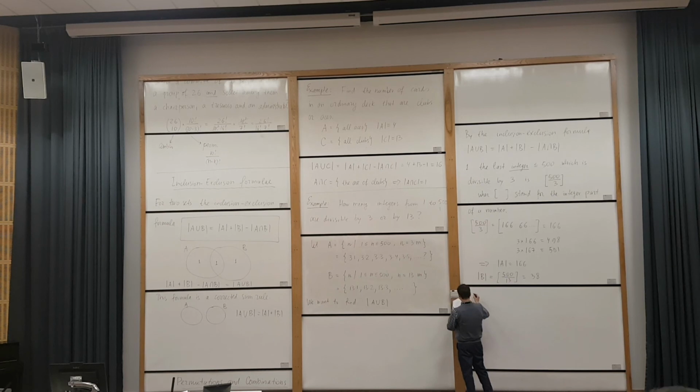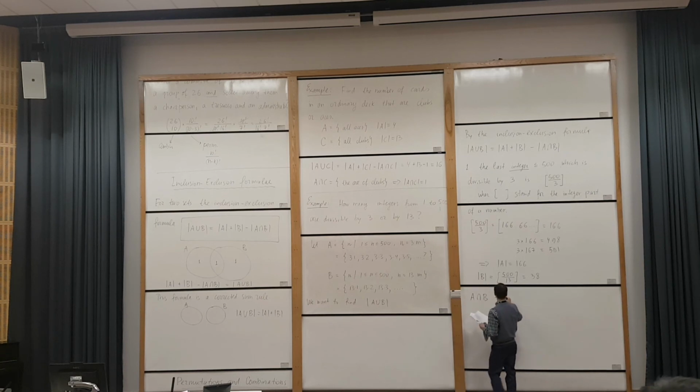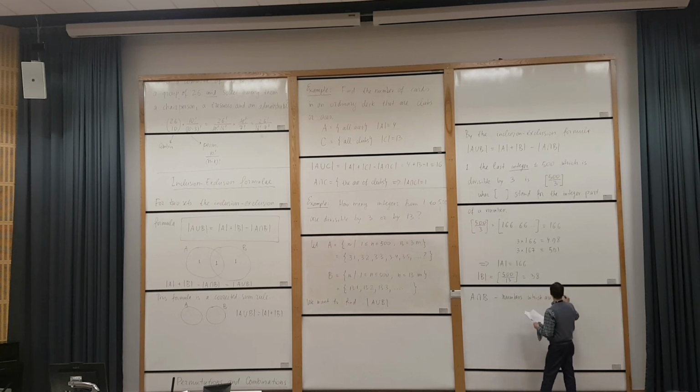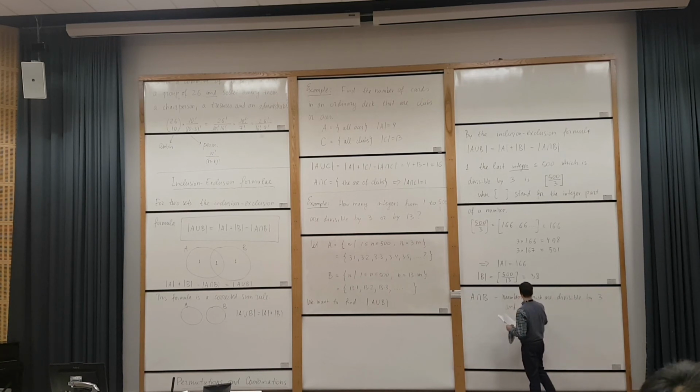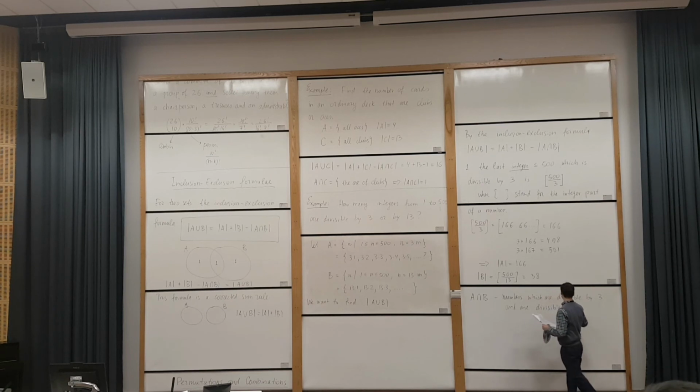And finally, let's discuss the intersection. The intersection of A and B consists of numbers which are divisible by 3 and are also divisible by 13.